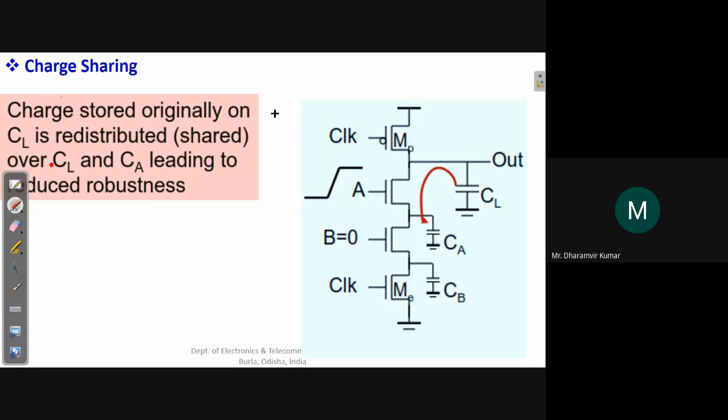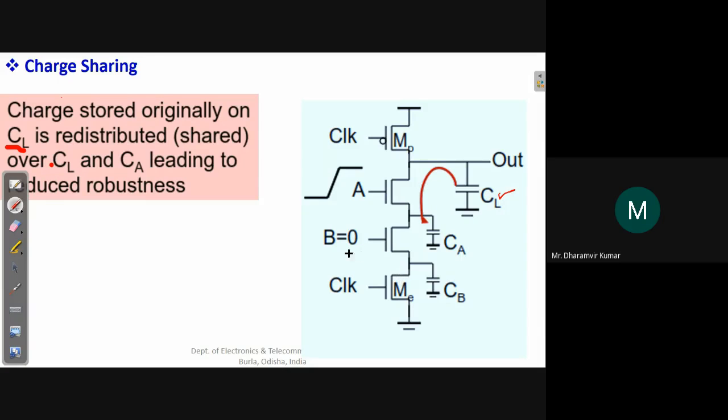The charge stored originally on the load capacitance CL is redistributed or shared over CL and CA, where CA is this capacitance, leading to reduced robustness. So look at this diagram. This is the load capacitance, and this is the PMOS, this is NMOS, right?